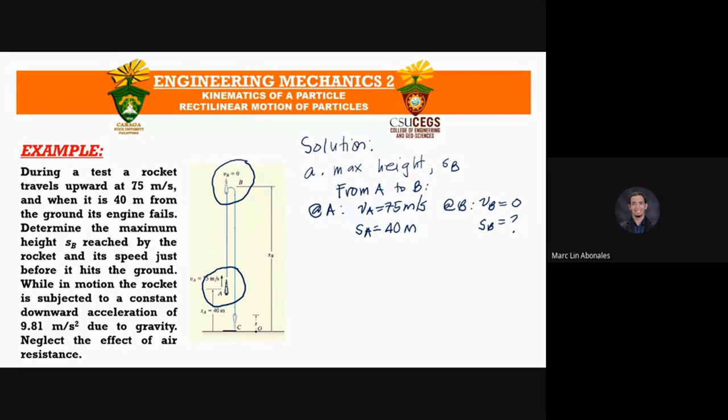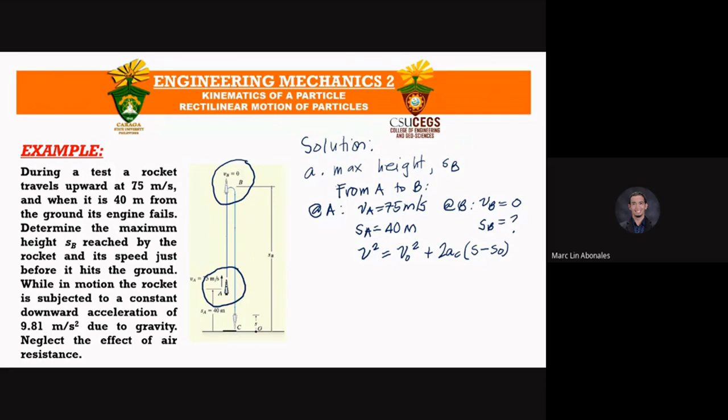So the equation would be v squared equals v0 squared plus 2a_c times (s minus s0). The subscript 0 means it is initial, and no subscript means it is final.